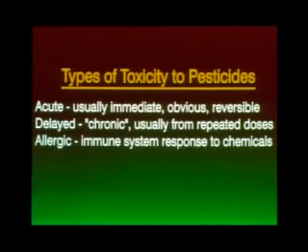There is an antidote for those, and it's called atropine, but normally that type of toxicity will become obvious immediately upon exposure. Delayed or chronic responses to toxicity are usually from repeated doses, and this can be attributed to things like cancer and other things that are a risk from some pesticides.